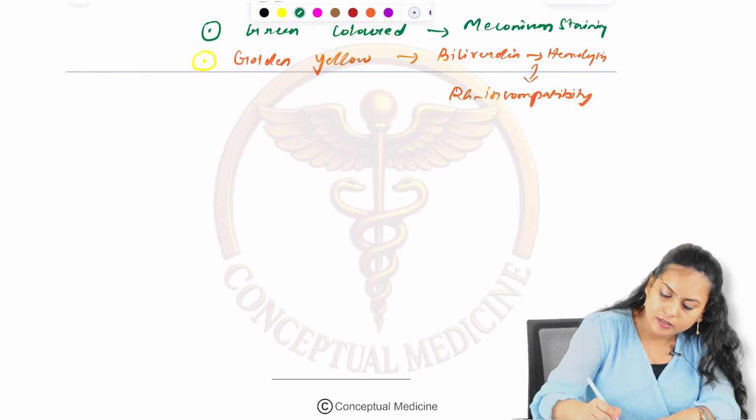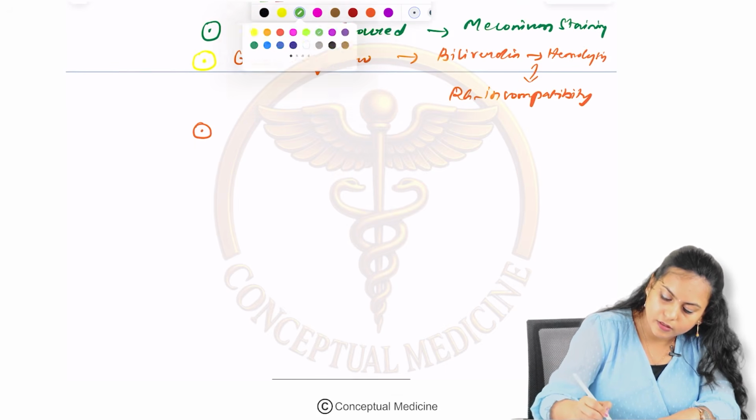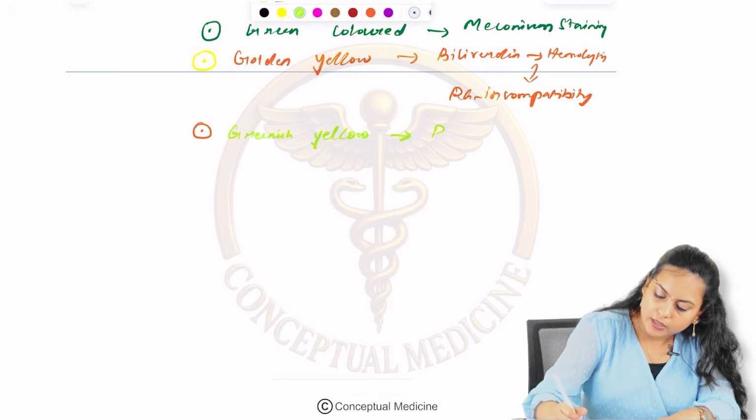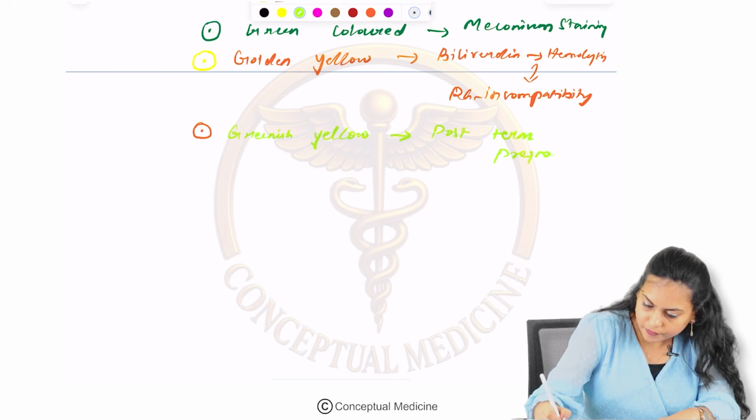There can be greenish yellow fluid in case of postterm pregnancy.